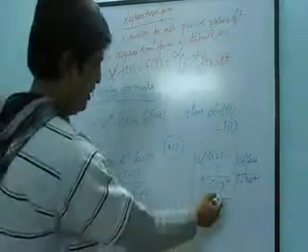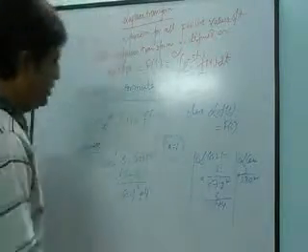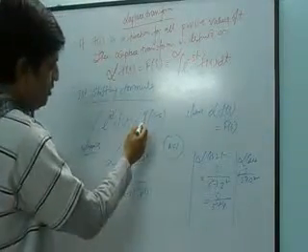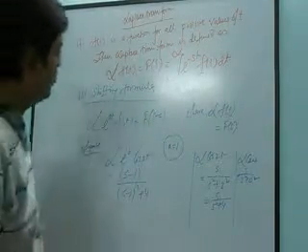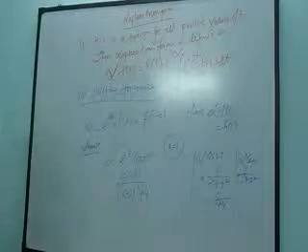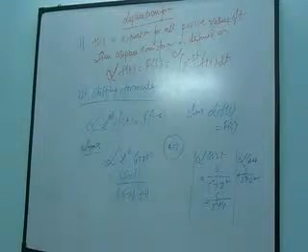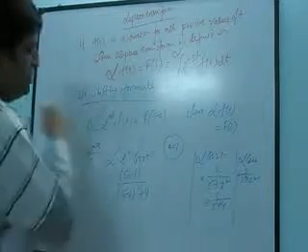So in place of s, we have to write s minus 1, because F(s minus a) will be the Laplace transform of e to the power at f(t). Now the proof of the first shifting theorem.